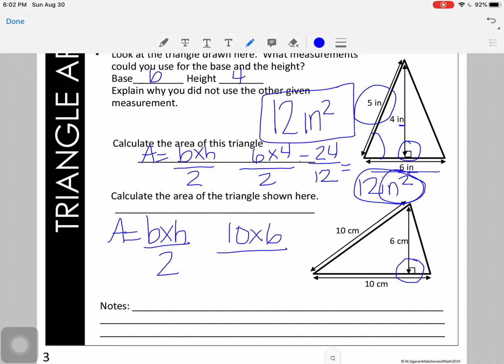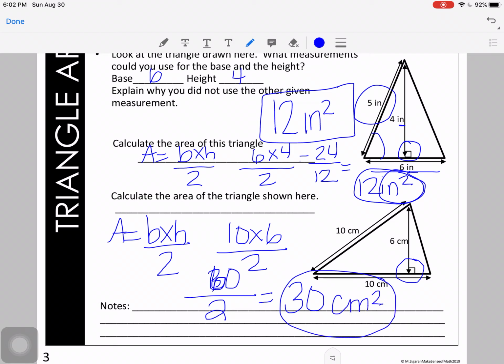And we're going to divide all of that by 2. So 10 times 6 gives us 60, divided by 2, which gives us 30 square centimeters. So the area of this triangle is 30 square centimeters.